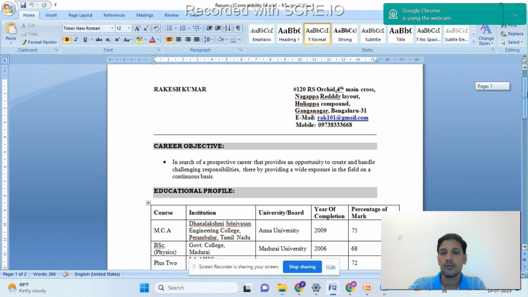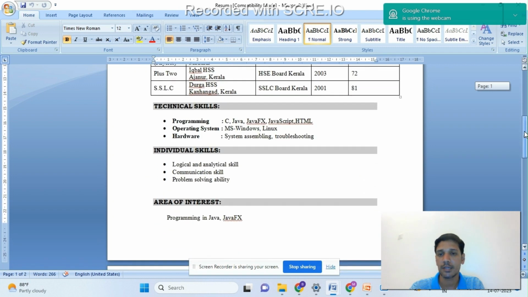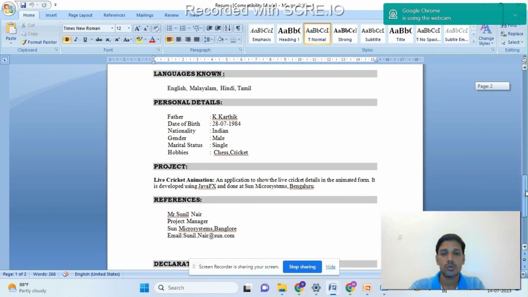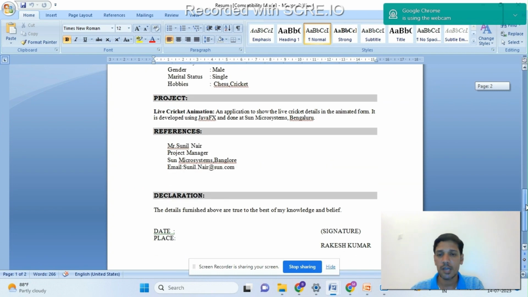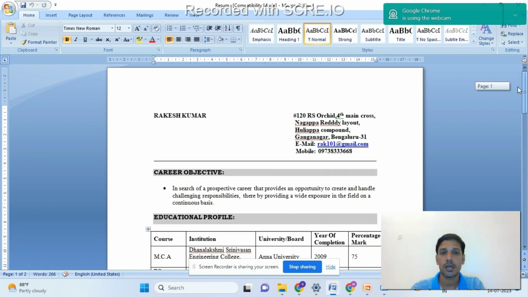You can see name, address, then we have career objective, educational profile, technical skills, right? If you are going to show this type of resume, definitely any interviewer is going to reject it. As far as my knowledge is concerned, I am going to reject this type of resume.